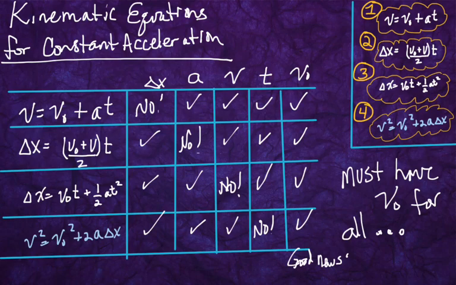And the good news is, very often you are starting from a standstill, which means your initial velocity is 0. Very often, v naught is 0 meters per second, which makes your calculations very nice, because that minus part goes away.